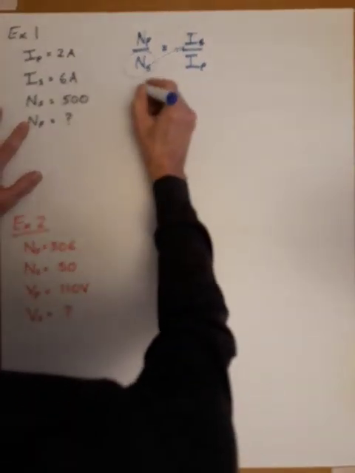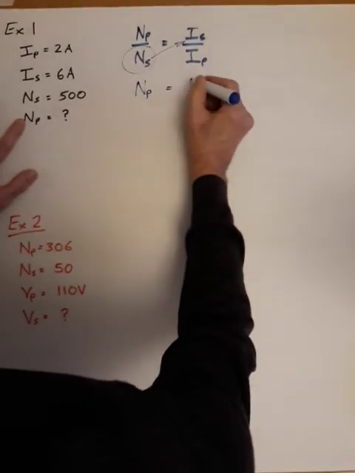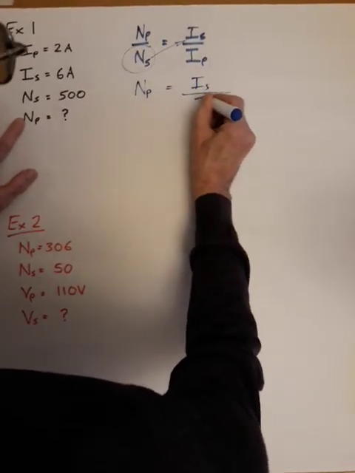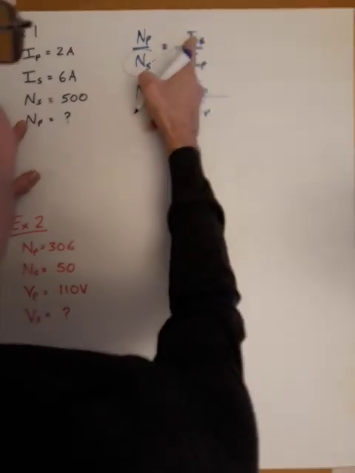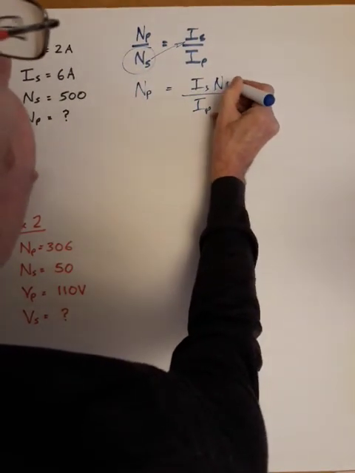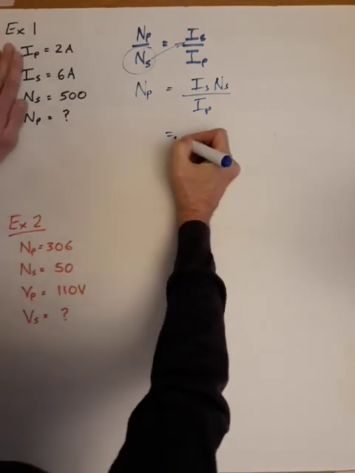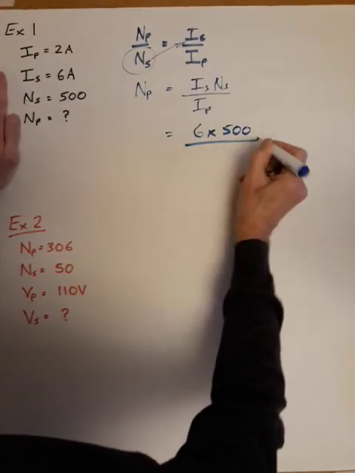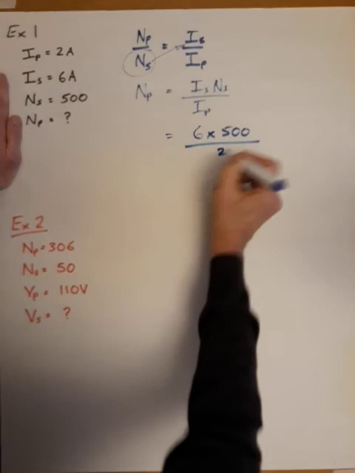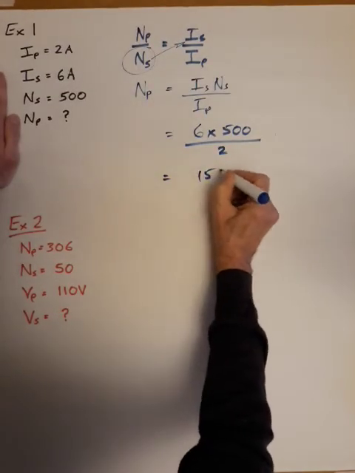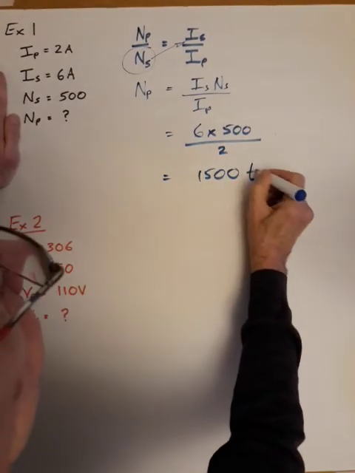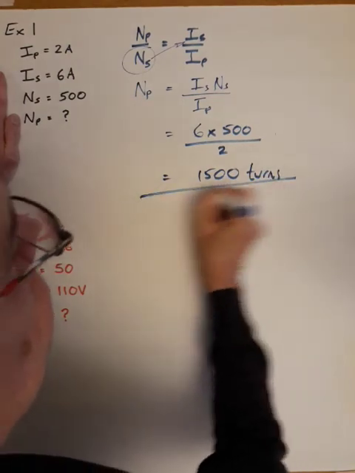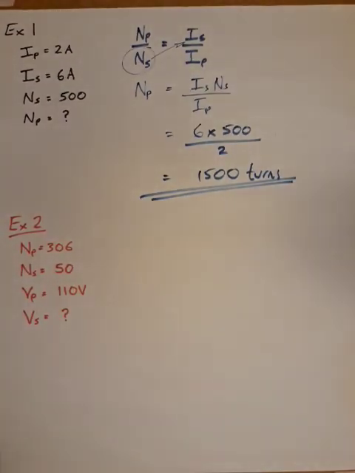Let's do that. Np equals Is over Ip, and that Ns sits up there. Let's put the numbers in that we have over here. So that is 6 times 500 over 2, and that comes to 1500. Okay, I hope that one makes sense.